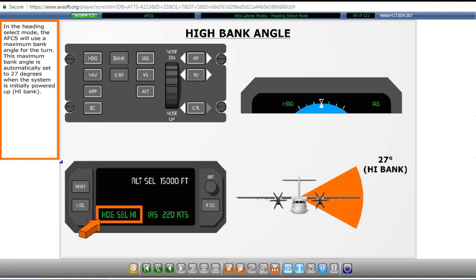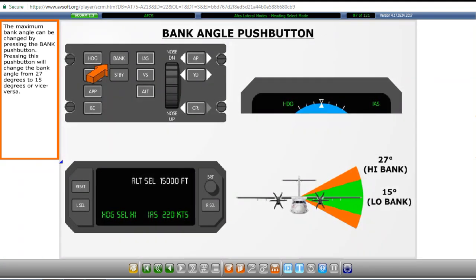In the heading select mode, the AFCS will use a maximum bank angle for the turn. This maximum bank angle is automatically set to 27 degrees when the system is initially powered up. The maximum bank angle can be changed by pressing the bank push button.